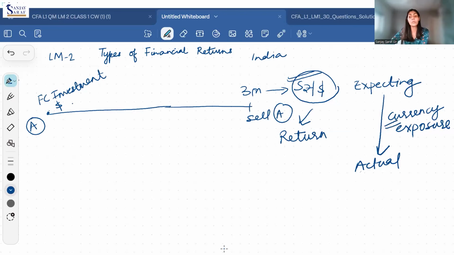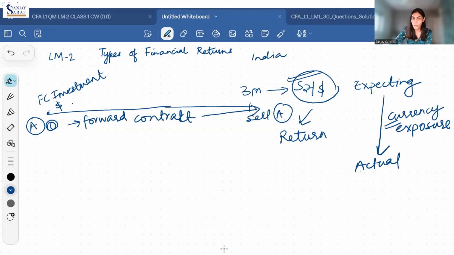So I want to diversify this risk. What I can do is at time t0, I can enter into a forward contract for currency after 3 months.